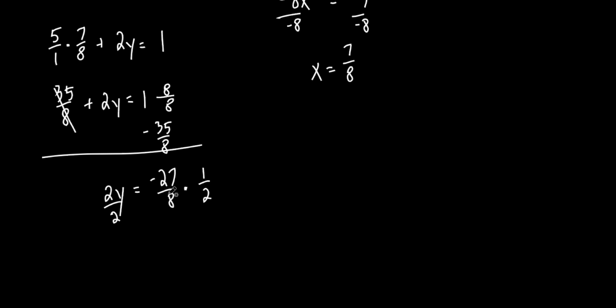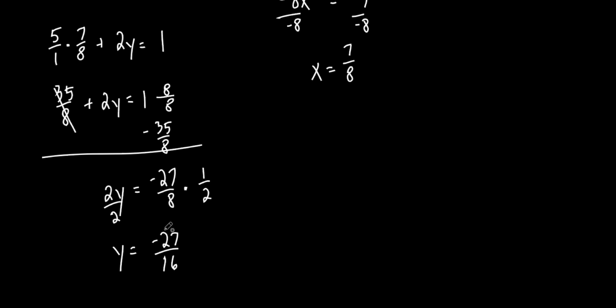Because it's a fraction, right? And that's what we're going to have to do eventually anyway, right? If I put this over 2, I'm going to have to multiply by 1 over 2. All right? And here's the answer. Negative 27 over what? 16. 4 times 2. It's not 4. Or 4. I said 4 because you said 4. 8 times 2 is what? 16. So there's my y.